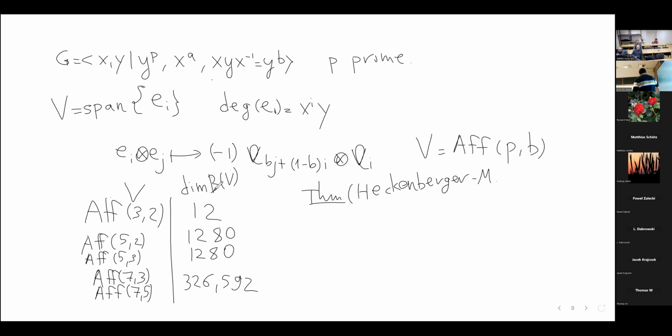Yes, because I have a basis given by e_i, and I think I made a mistake here. It should be x times y to the i. Yes, because this way I really get p elements. That's my point. So theorem of Heckenberger. Okay, thank you.